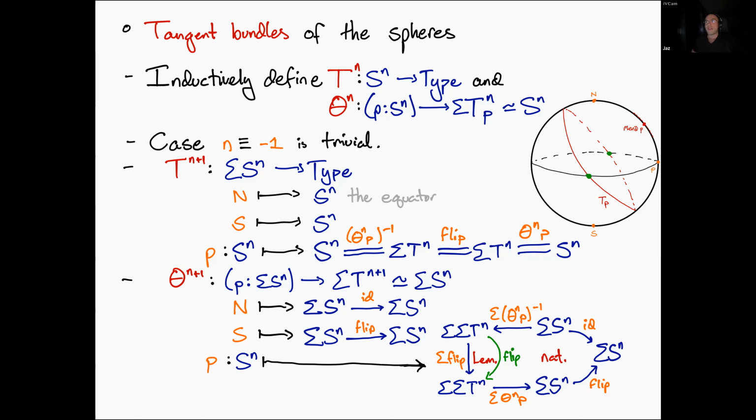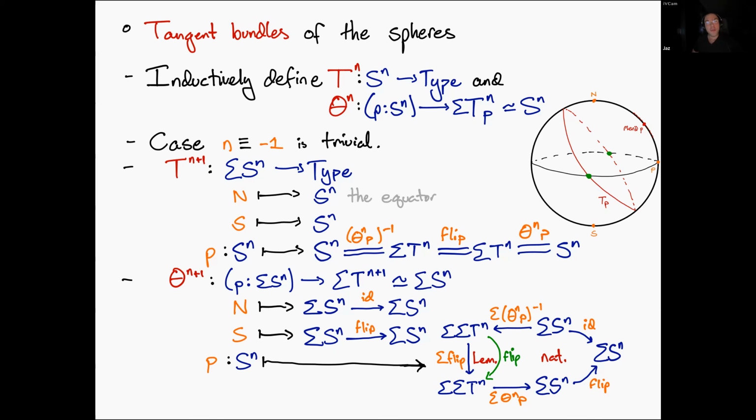Okay, so this map clearly made use of theta, so now we have to go and define theta. Remember that theta is the change of coordinates that sends P to the North Pole, right? So if we are already at the North Pole, then there's nothing to do. So theta will send the North Pole to the identity equivalence on the suspension of Sn.